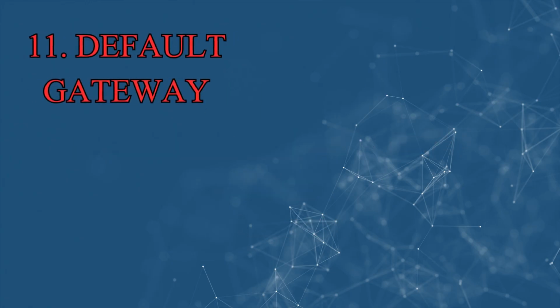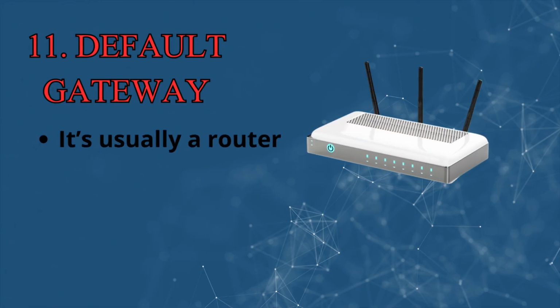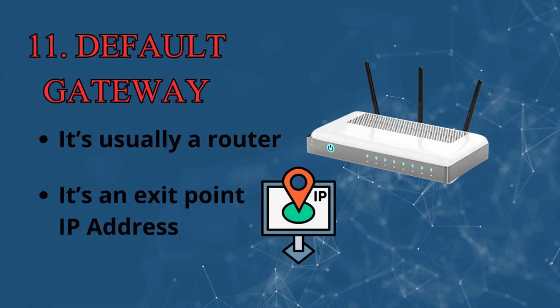Number 11. Default Gateway. A term that might be a little confusing, especially when compared to a router or a gateway, and basically most of the time a router will be a gateway and a default gateway at the same time, but you should know the difference. So a default gateway is an IP address that is an exit point to other unspecified or unknown networks.